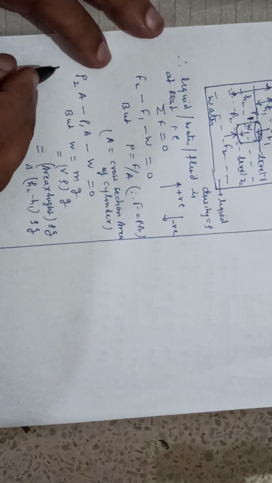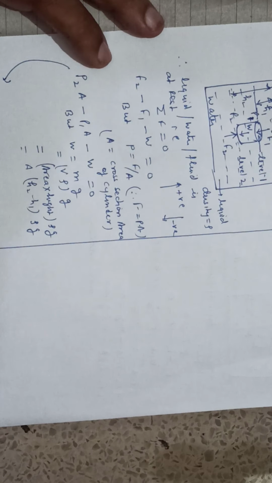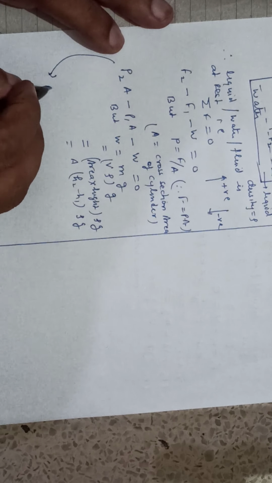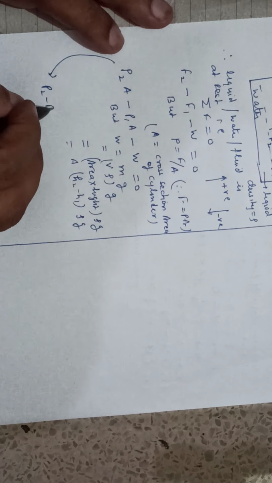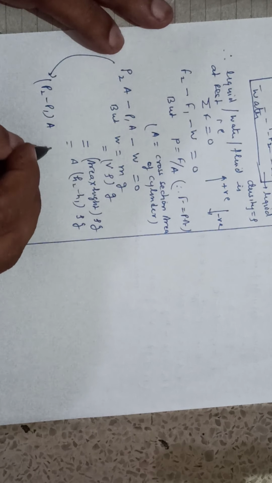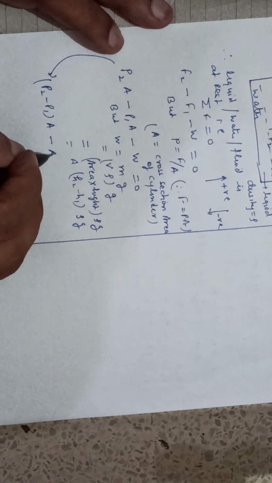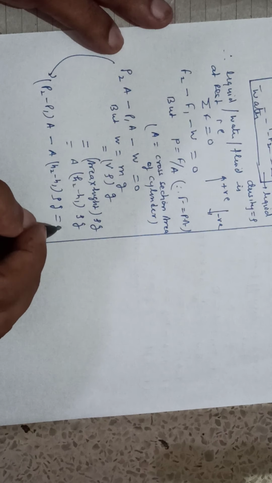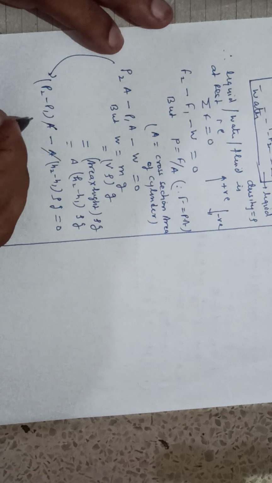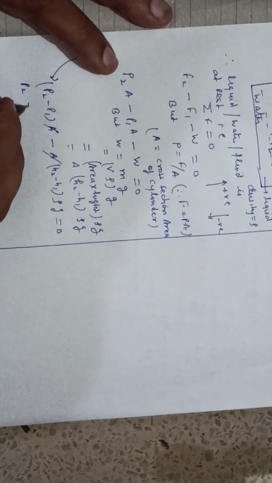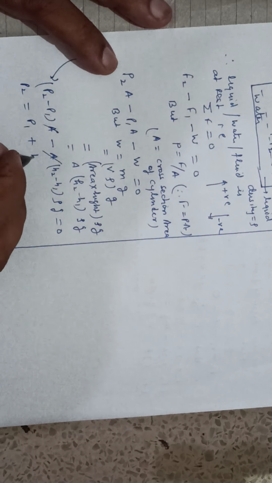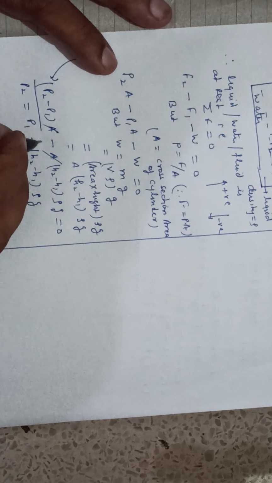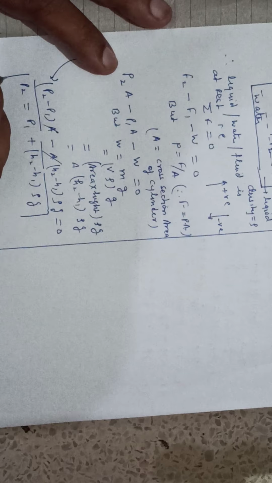So the last equation becomes (P2 minus P1)A minus A(h2 minus h1) rho g equals 0. A cancels out here. So P2 is equal to P1 plus (h2 minus h1) rho g. This is the pressure at level 2.